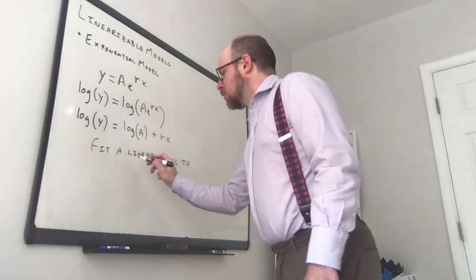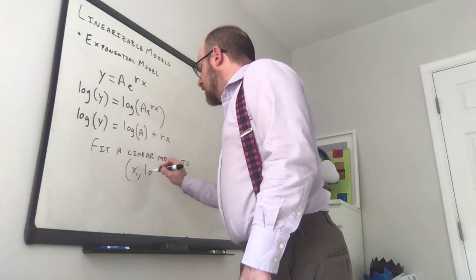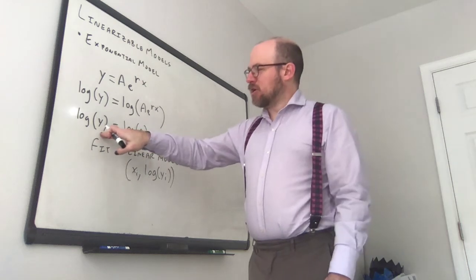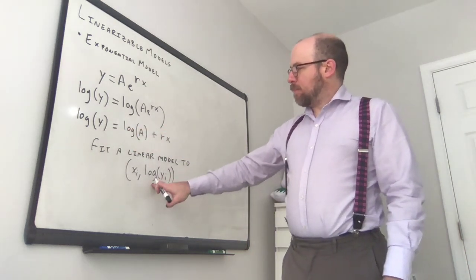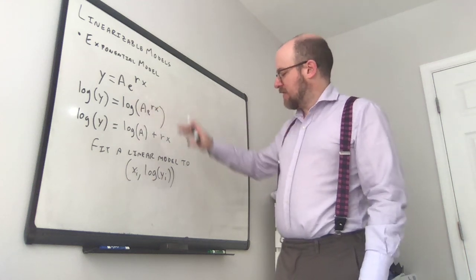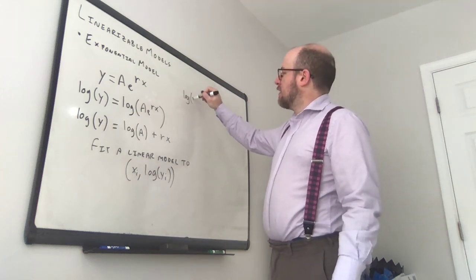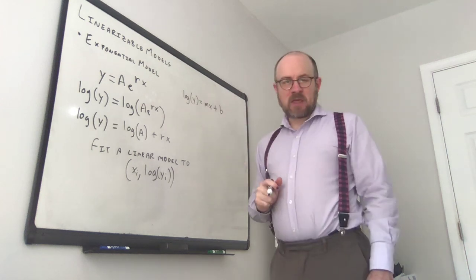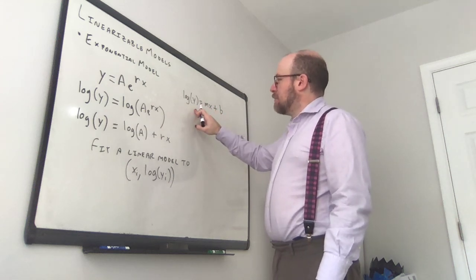Okay? So if we fit a linear model to xi comma log of yi, that linear model is going to give us the coefficients for our exponential model. Okay, and so let me explain what I mean by that. So if we find that log y is equal to mx plus b, we can turn that back into an exponential function by exponentiating both sides.